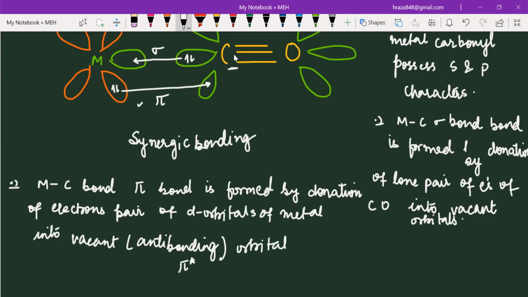So when the central metal donates electrons to this, this will be pi bonding. Please do let me know when you are done with this.